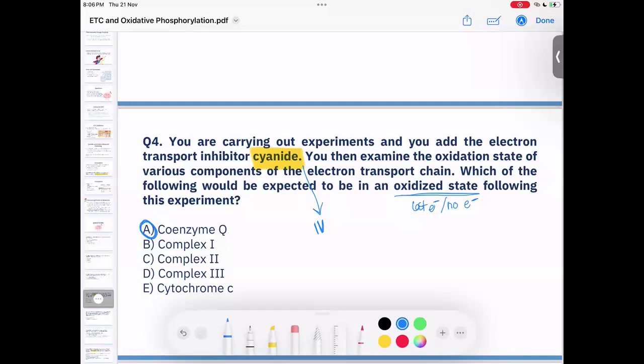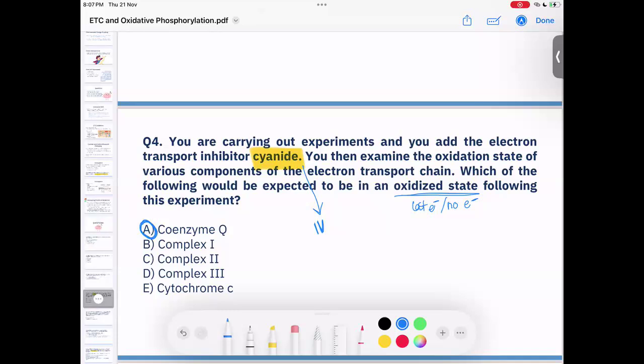Why is that? Because let's think of it. Complex 1 has no problem. It's going to give off its electron to coenzyme Q. But then coenzyme Q is going to give it to complex 3, and then 3 is going to give it to cytochrome C, صح? But when it goes from cytochrome C to the last complex, which is complex 4, it is inhibited. And as a result, it will not receive any electrons.